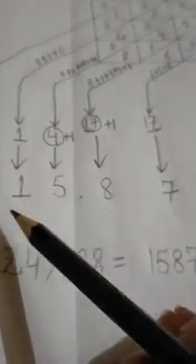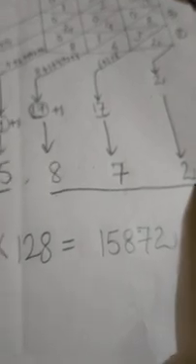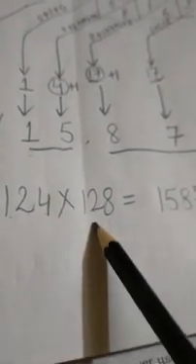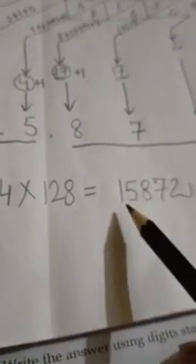So here is 2 and 2, 4, and 1 carried, that will be 5. This 1 will be written as 1 and this 0 will be written as 0. The first 0 we will ignore because no number starts with 0. So our answer will be 15,872.